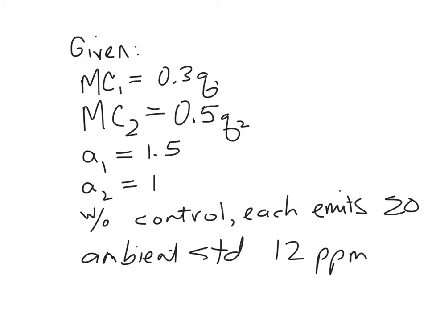Part A asks us, if an ambient permit system were established, how many permits would be issued and what price would prevail? And remember that each permit allows 1 parts per million increase in the ambient standard. So this is the nature of the permit if you're enforcing an ambient standard.